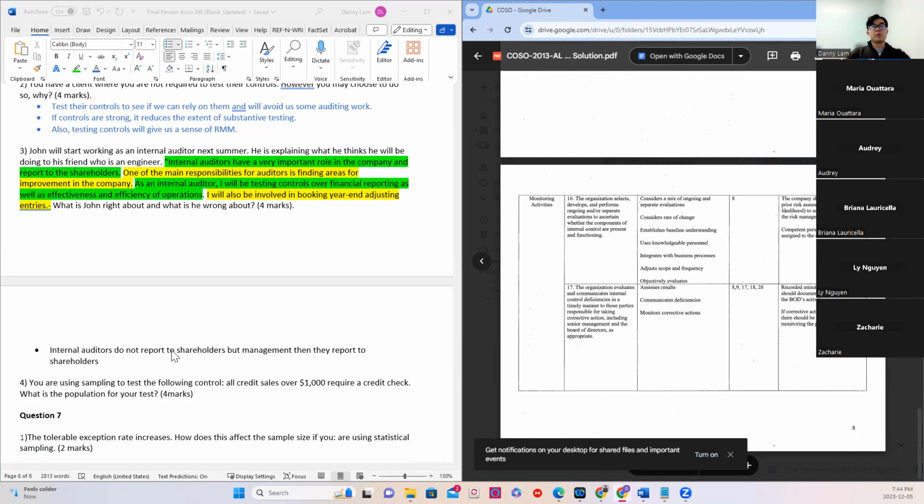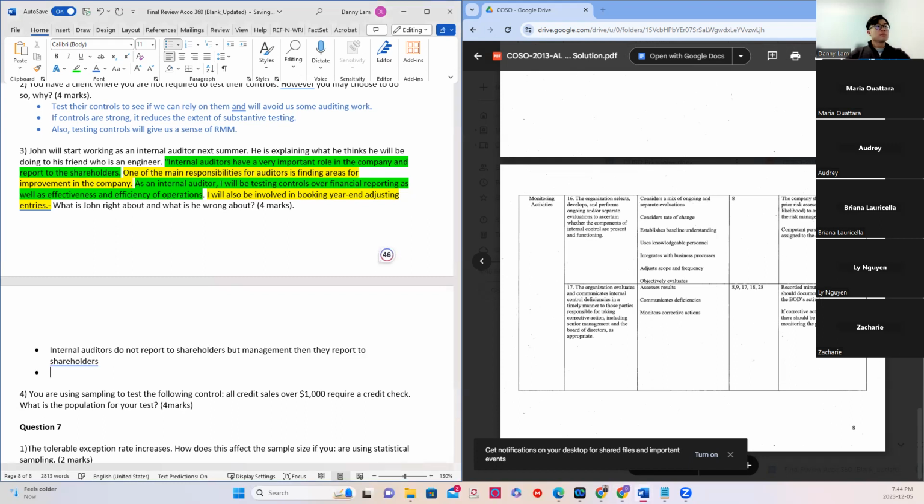Management also has to report to the BOD, because the BOD could fire the CEO and the CFO. Good question, good answer. Number two: one of the main responsibilities of auditors is finding areas of improvement in the company. Yeah, Renee. True. Good.